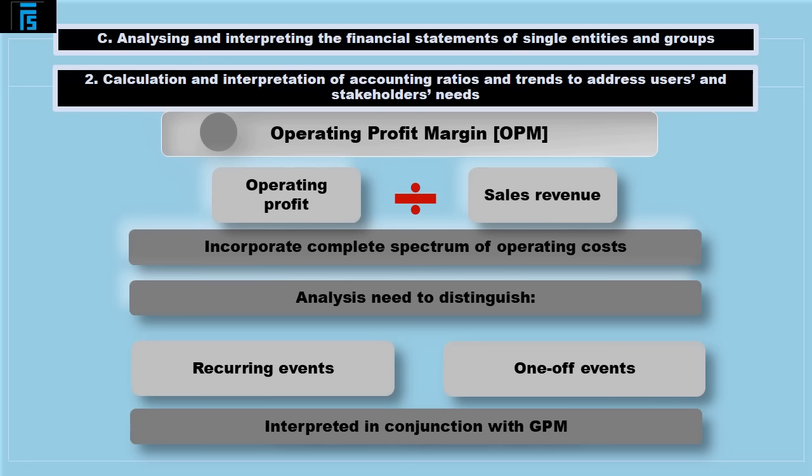An operating profit margin increasing at a faster pace than the gross profit margin can indicate improvements in controlling operating costs, such as administrative overheads. In contrast, a declining operating profit margin could be an indicator of deteriorating control over operating costs.